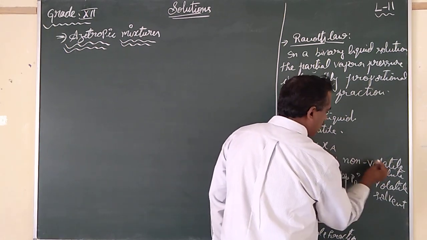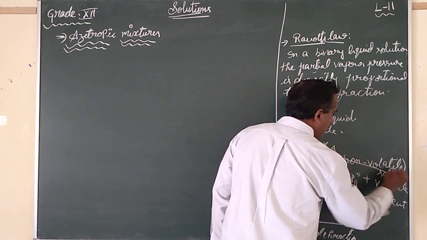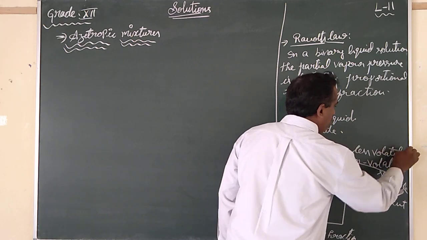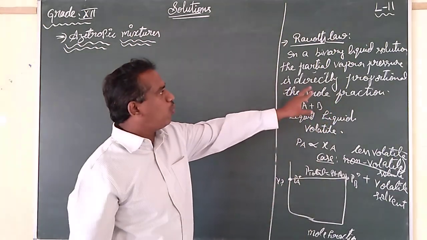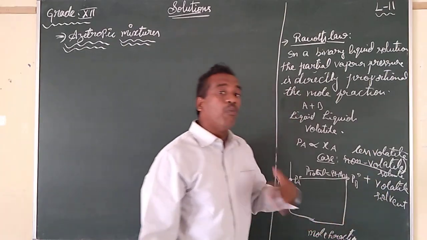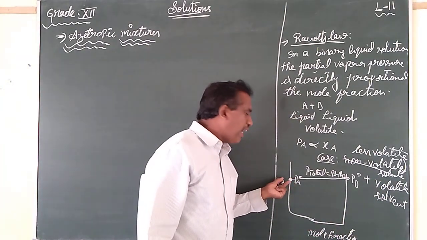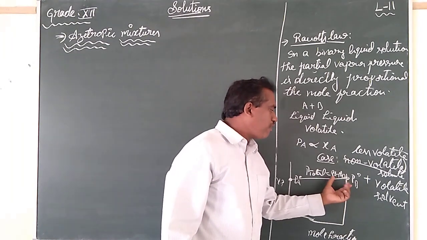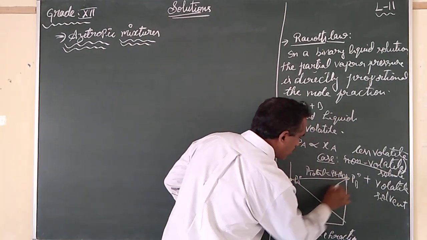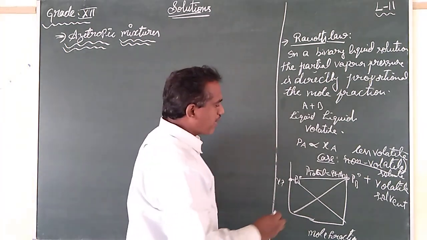In other words, instead of non-volatile, we can say less volatile. In the case of two binary liquid solutions, one is less volatile and the other more volatile. Less volatile will have less vapor pressure, more volatile will have more vapor pressure. And we got this graph regarding Raoult's law.